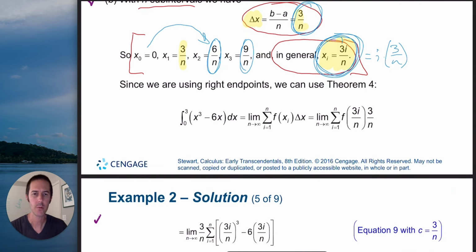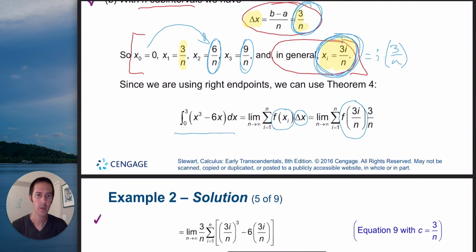Maybe, since we're using right endpoints, we can use theorem 4, which says that this integral is equal to the limit. That is very important, right? Because when we're performing an integral like this, n needs to go to infinity so that we have a hyper-accurate answer, in fact, a precise answer. We're still taking the height of our rectangles, multiplying them by the width of our rectangles. The height of the rectangle is found by taking the right endpoint, x sub 1, x sub 2, x sub 3, right?